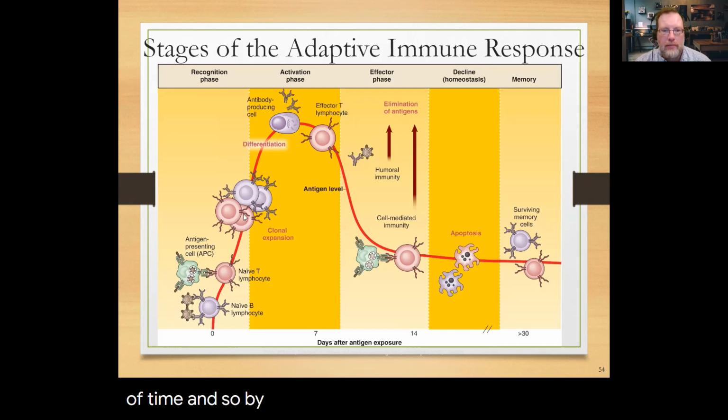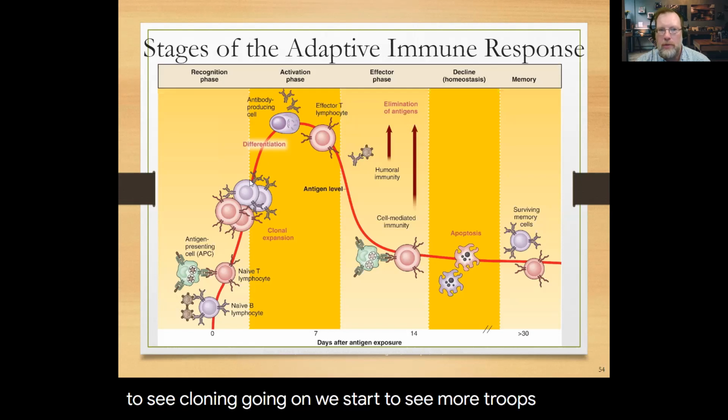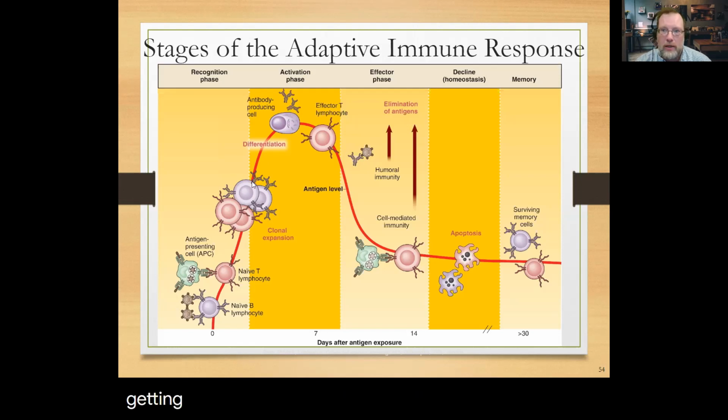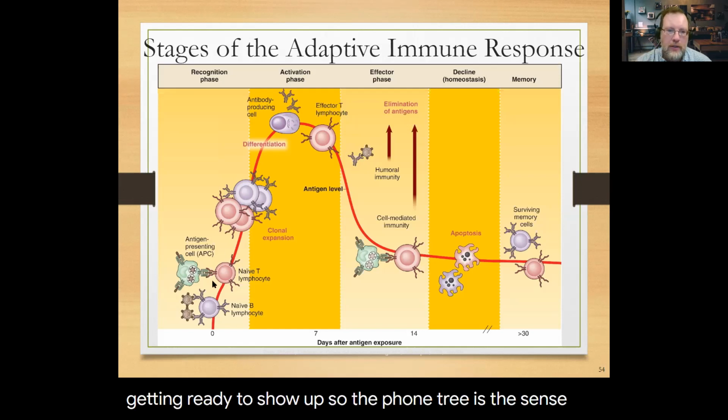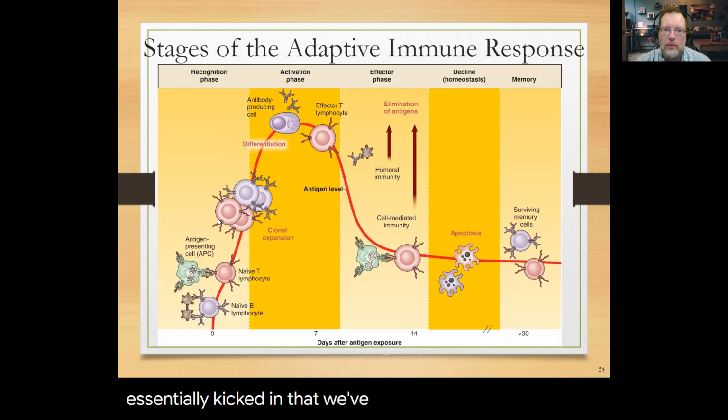And so by day 3 or so after infection, we start to see cloning going on. We start to see more troops showing up, or not showing up necessarily, but getting ready to show up. So the phone tree has essentially kicked in, that we've got a problem, and so we need to start cloning.